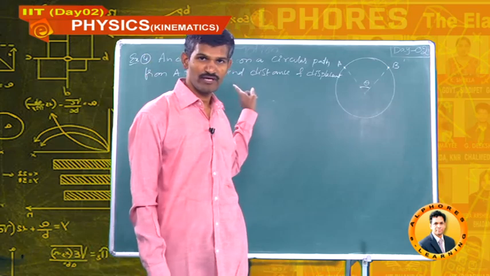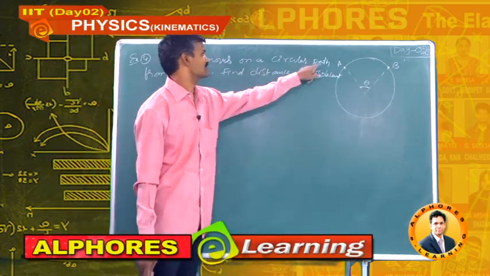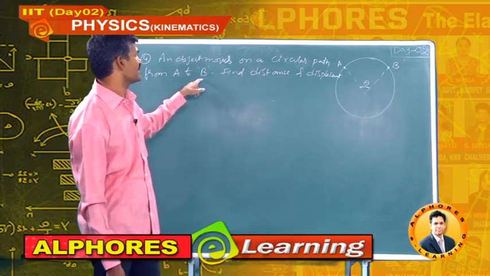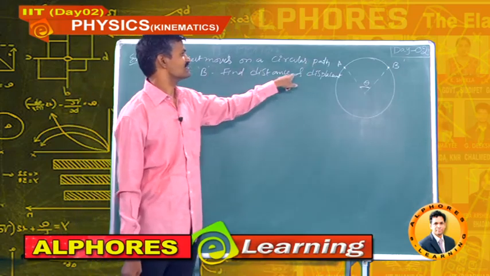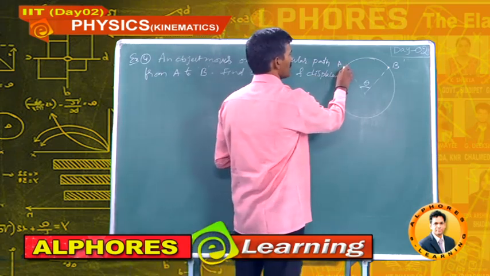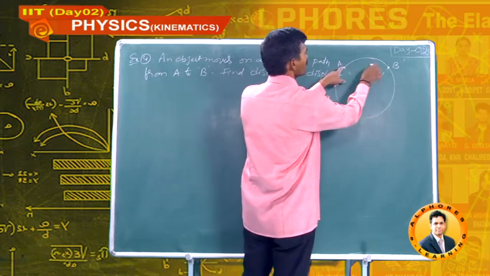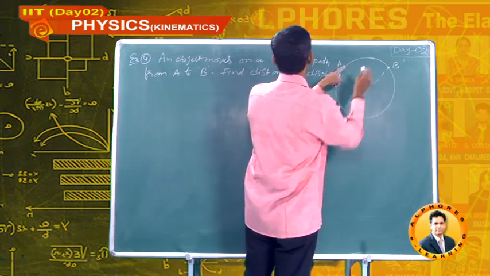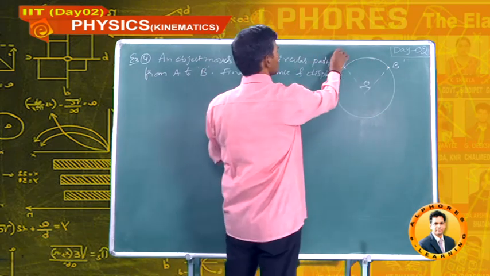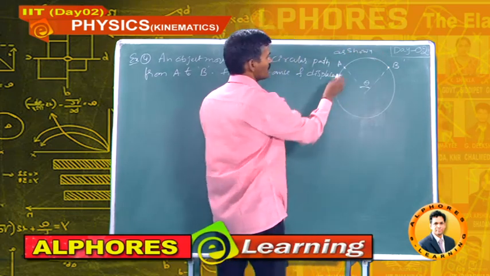Students, here is one important problem. An object moves on a circular path from A to B. Find the distance and displacement. So they are given, object moves on a circular path from A to B as shown in the figure.